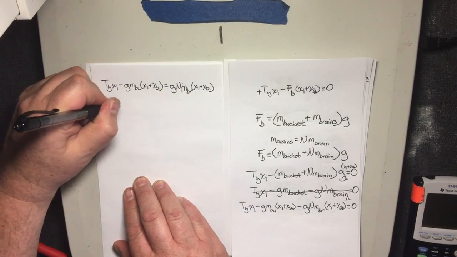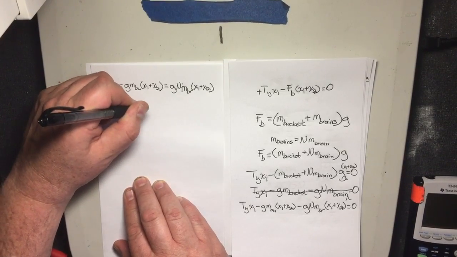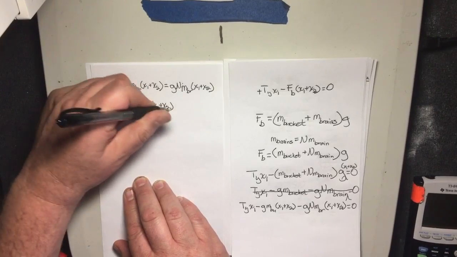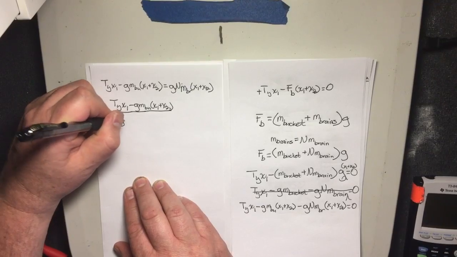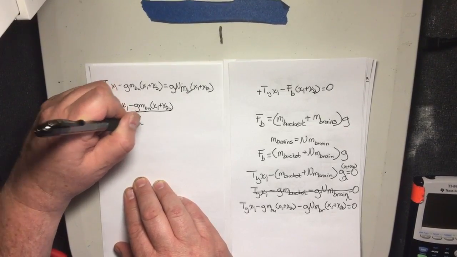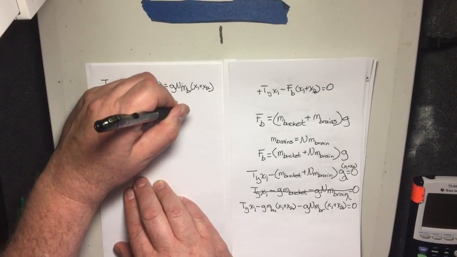So this is Ty x1 minus G M bucket times x1 plus x2, and then G M brain times x1 plus x2 is equal to N.